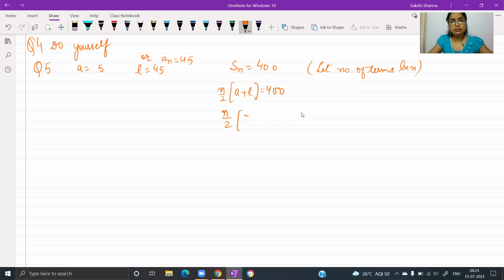What do you get n as? 16. n comes out to be 16.